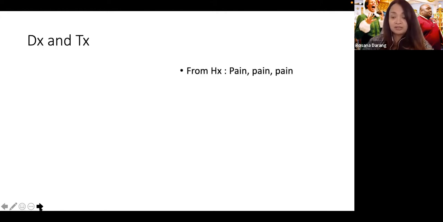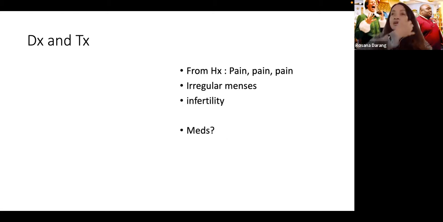So pain elsewhere, not just vaginal, not just uterine. It could be anywhere where you have endometrial tissue. Irregular menses and infertility. Meds could be conservative, meds could be for pain, of course.